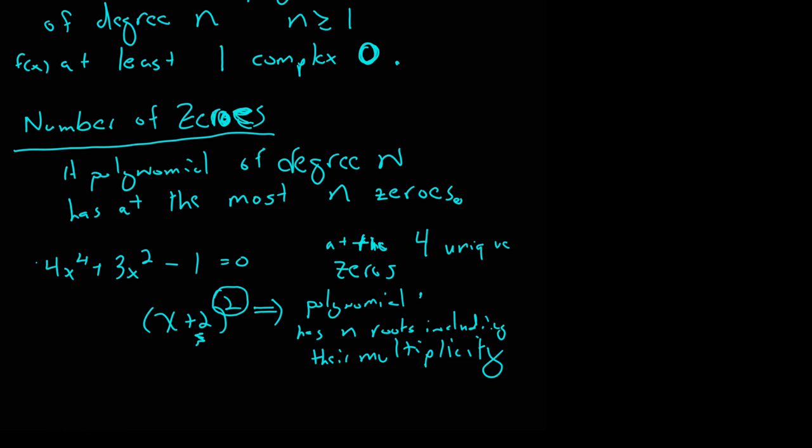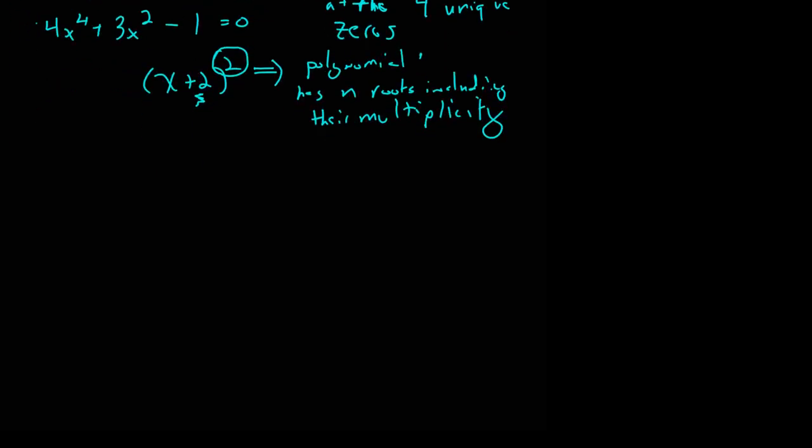And complex numbers come in the form a plus bi, where a is the real part and b is the imaginary part.